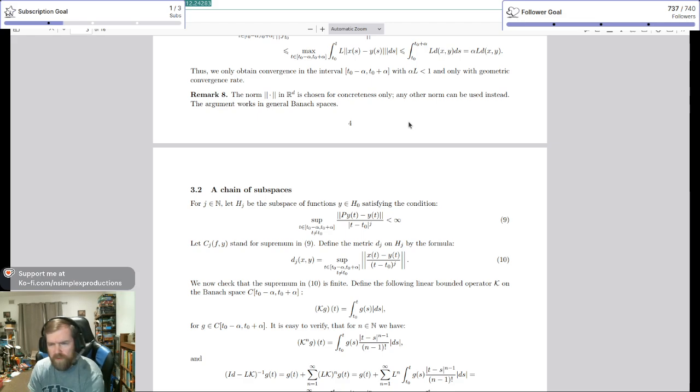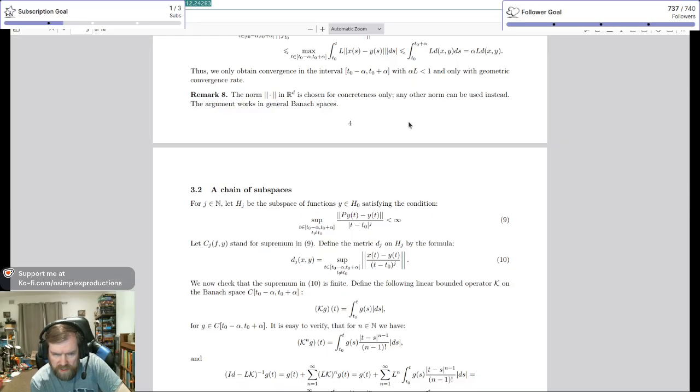Check that the supremum in 10 is finite. Define the following linear bounded operator kappa on the Banach space C on the interval from t0 minus alpha to t0 plus alpha.